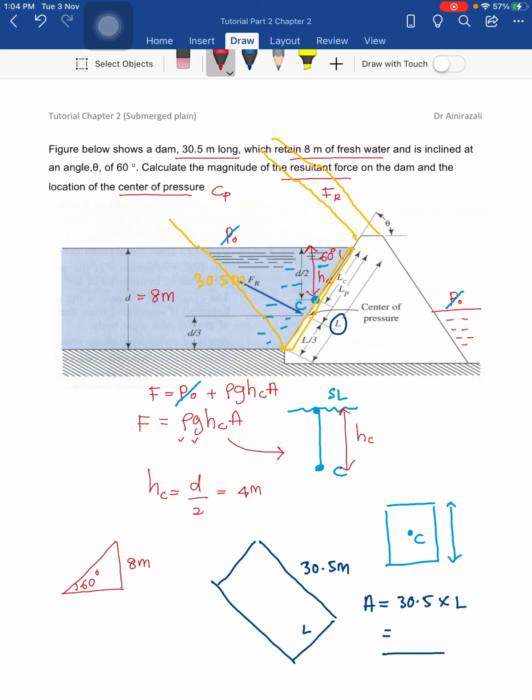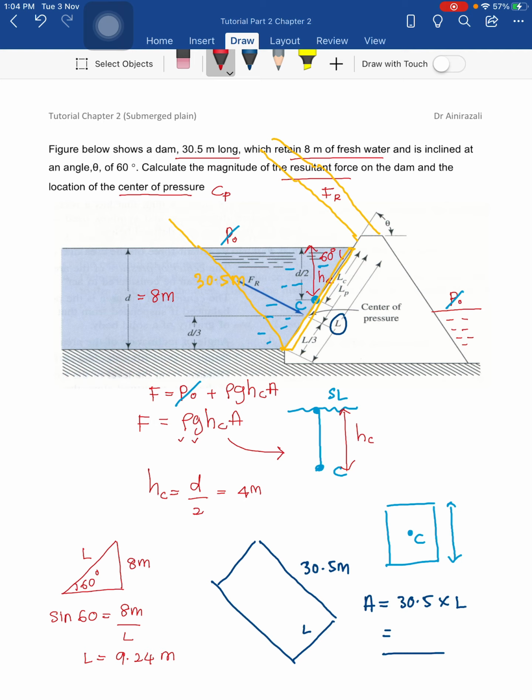That's your L. How to calculate L? We have to use sine. So sine 60 equals 8 meter over L. So you can obtain L equal to 9.25 meter.